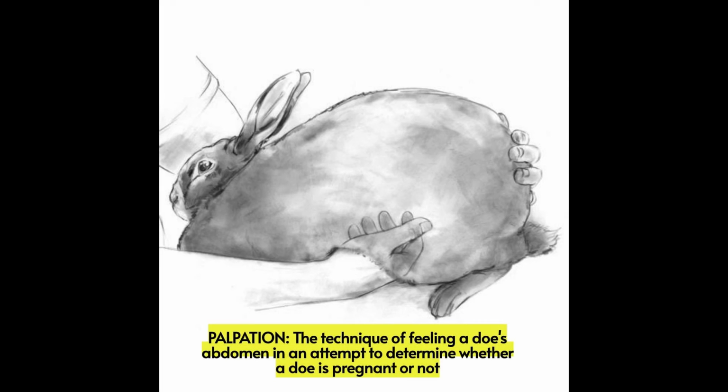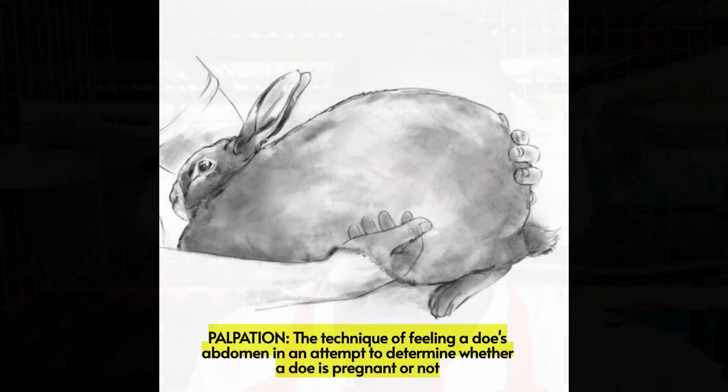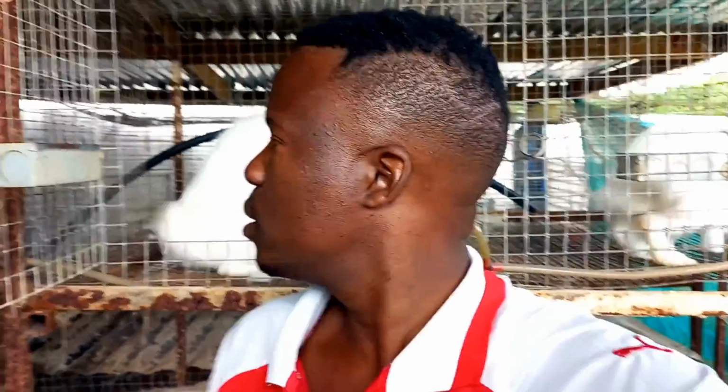When you find that it's difficult, you just take the female again back to any buck's cage, and if she becomes hostile, not receptive, just know that she's probably pregnant. You remove the doe from the buck's cage, put her back in her cage and wait for day 28.